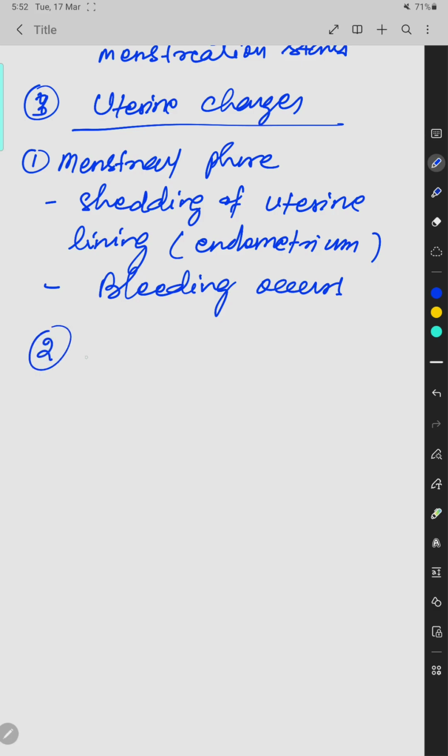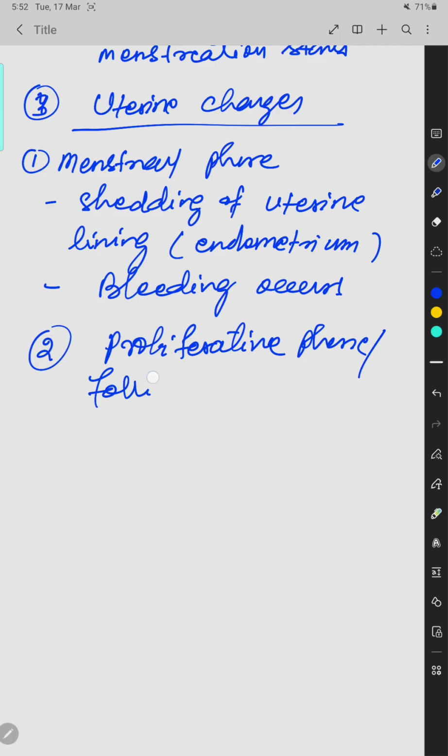Next phase is the proliferative phase, or follicular phase. This is known as follicular phase because during this phase the development of the various types of follicles takes place in the ovary. But why is it known as proliferative phase?